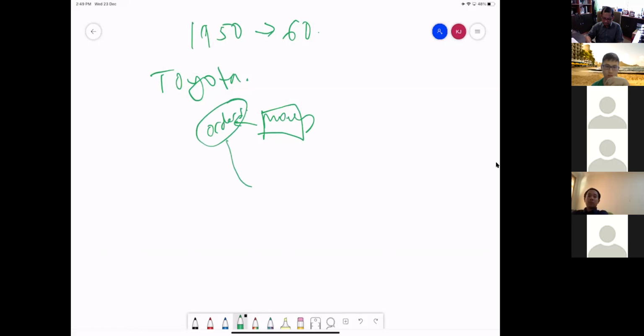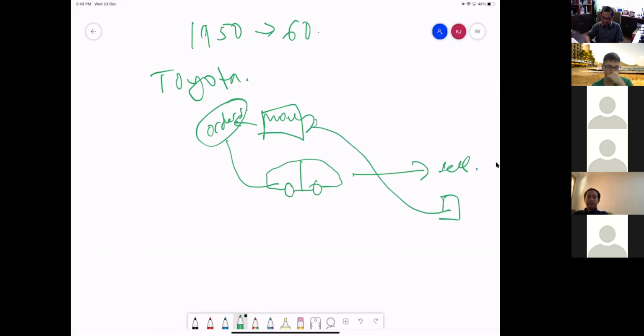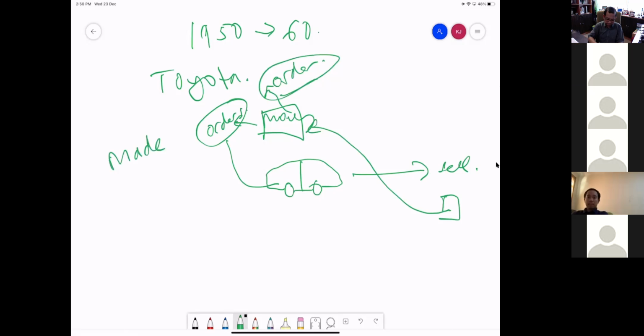They get orders, then they build cars. They build cars, then sell to customers. Get money again. This money tops up here. And then some they use to pay the salaries of their workers and order again. Order based, they make by order.